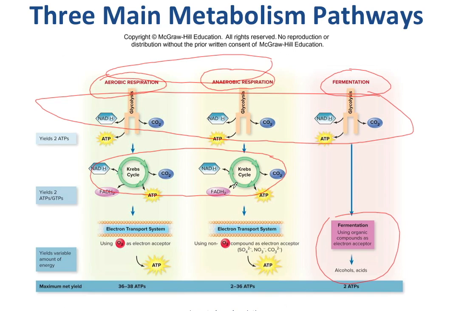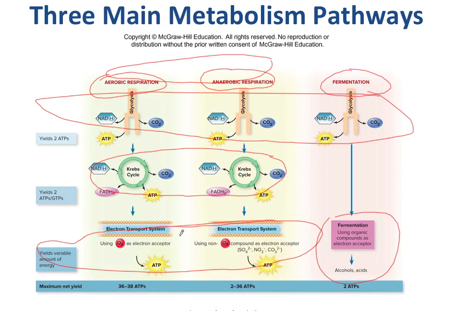Electrons will be added to the NAD and FAD, and then the electrons will be transferred to the electron transport chain. Electron transport chain actually is the third step. The third step is different for these two pathways.